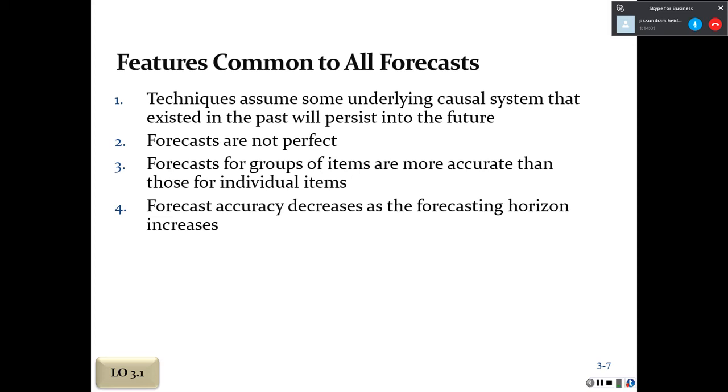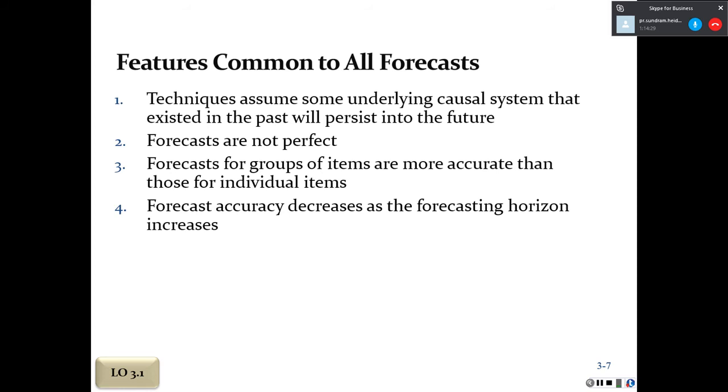Forecast accuracy decreases as the forecasting horizon or time period increases. Short-term forecasts usually have fewer uncertainties, so they already know that certain variables are going to be there. Long term, on the other hand, there are a lot of uncertainties because you don't know what's going to happen from now to maybe a couple of months down the line.